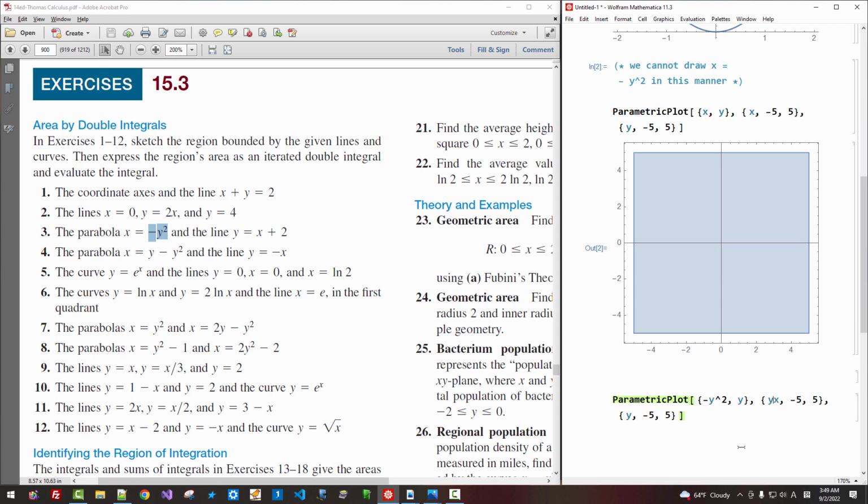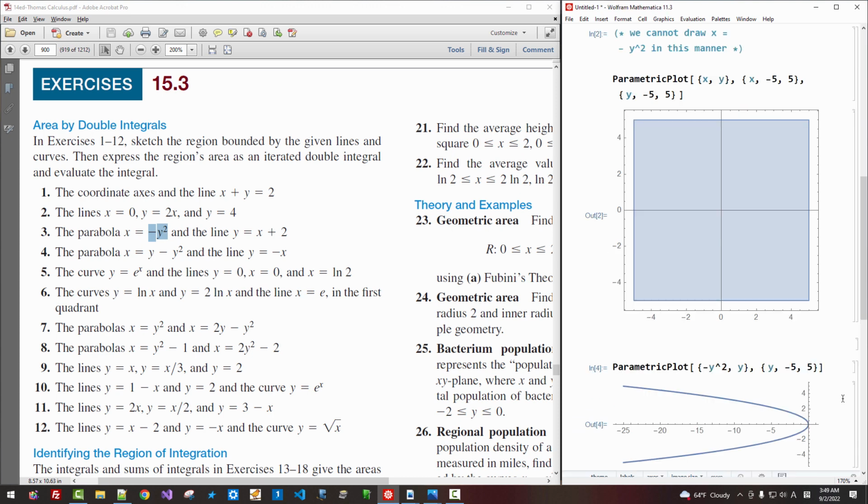Now y changes from -5 to +5. So this is function x. This is function y. Y is function of y. This is parametric equation. Like this. This is negative.